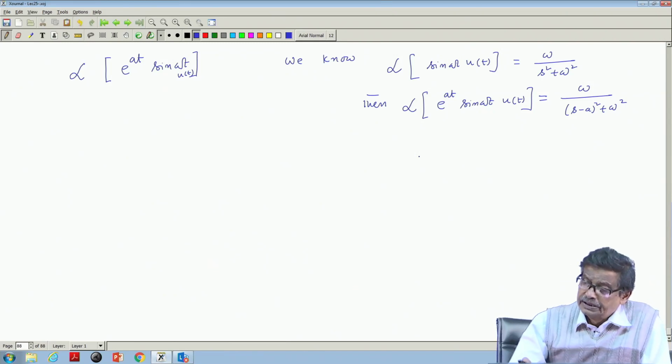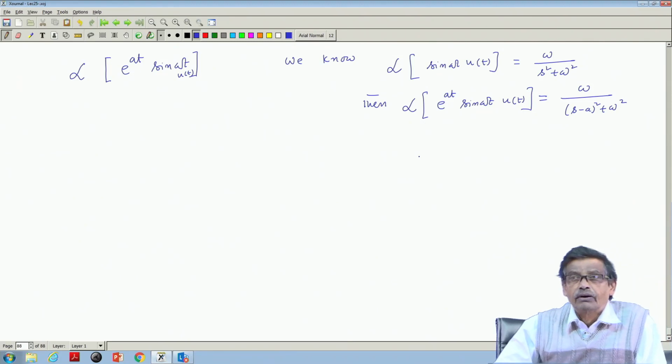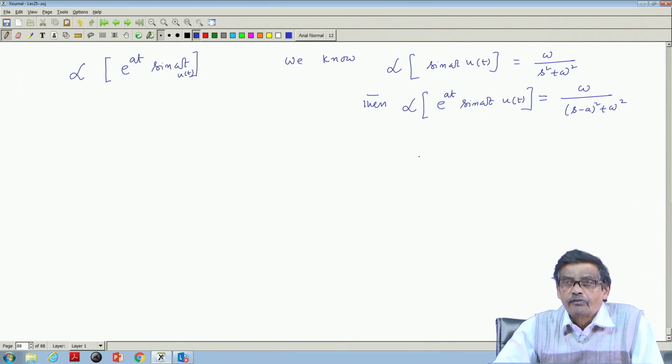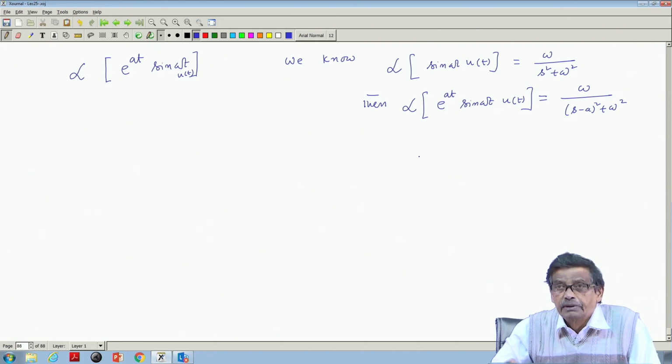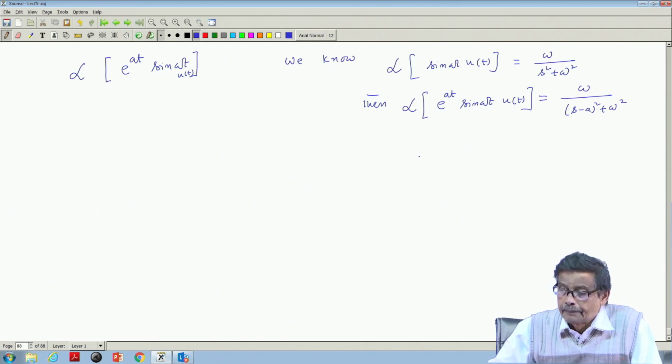Therefore, the earlier result that we got: if we know the Laplace transform of x t, which is capital X s, then if you multiply that function with an exponential e to the power a t, it is the same Laplace transform, but s is replaced by s minus a.